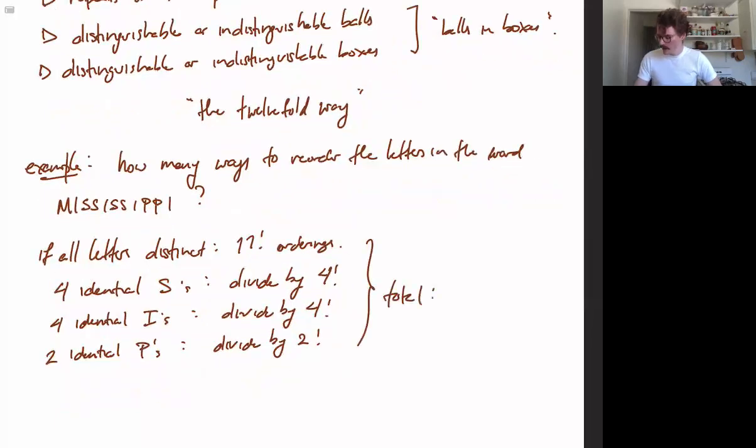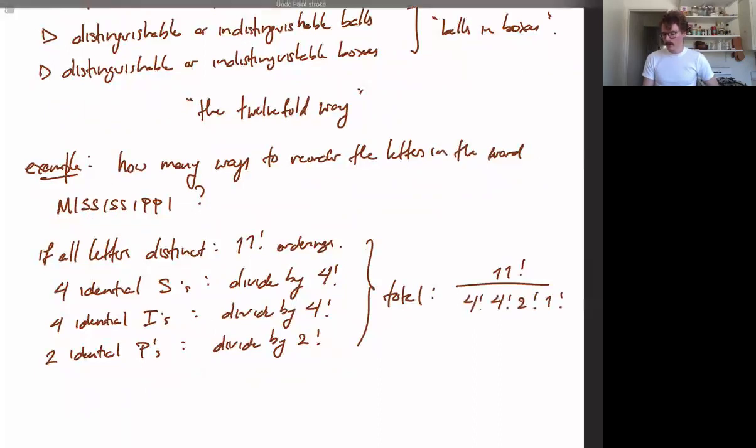So the total is 11 factorial divided by 4 factorial, 4 factorial, 2 factorial. And if you want to include the little m, if he's feeling left out, you can include 1 factorial. That won't change anything, but it will maybe make it more clear how each part plays a role.